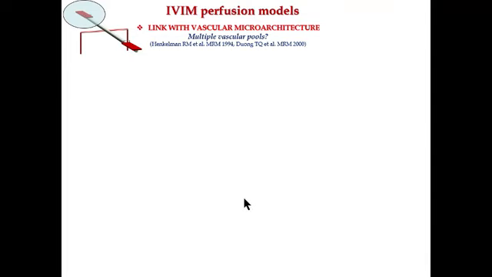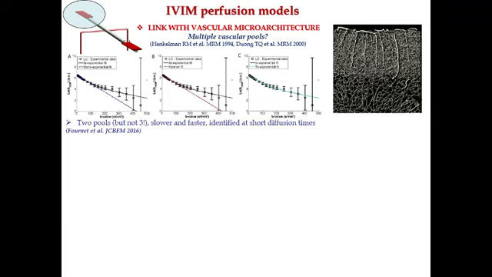Okay, now something more complicated is to see what the link is with microarchitecture. So what are we looking at? This is an electron microscopy photo I got of the capillaries, and we might think that maybe there are different scales of capillaries.